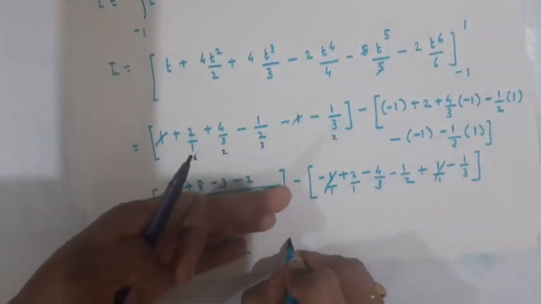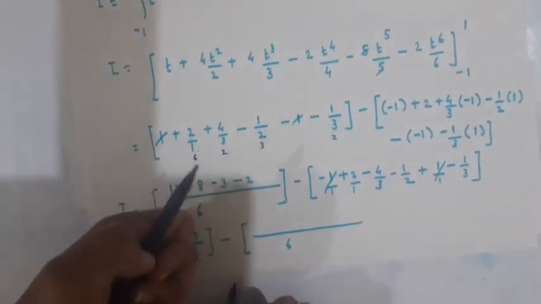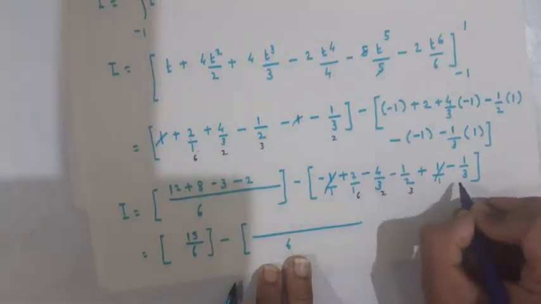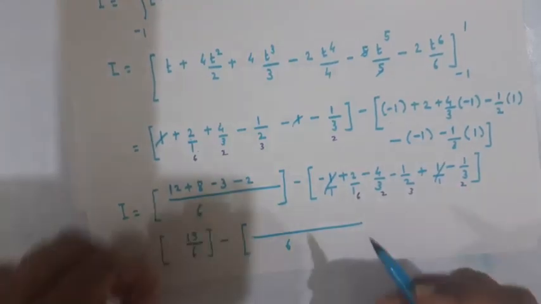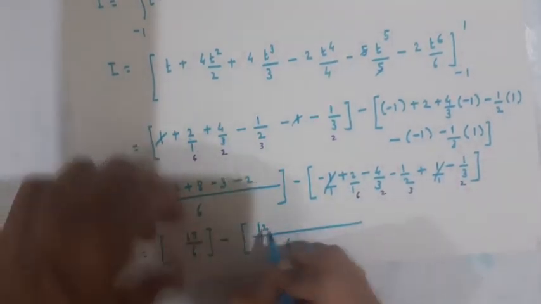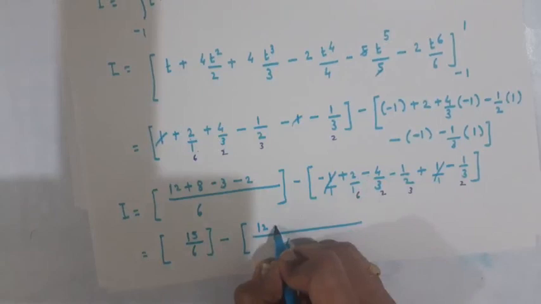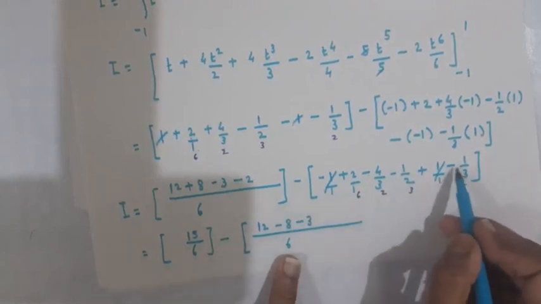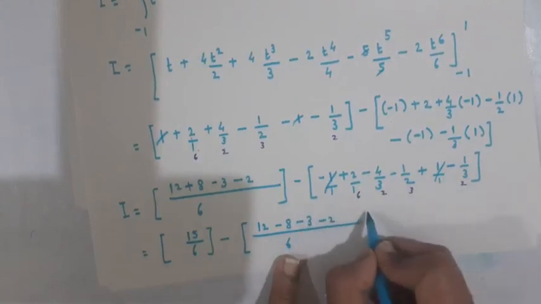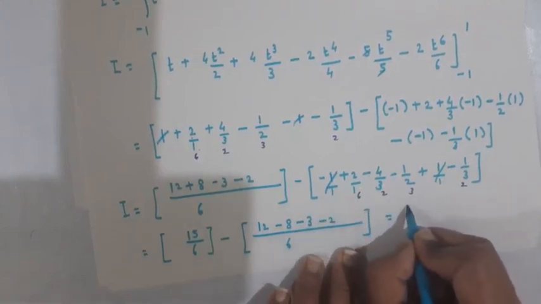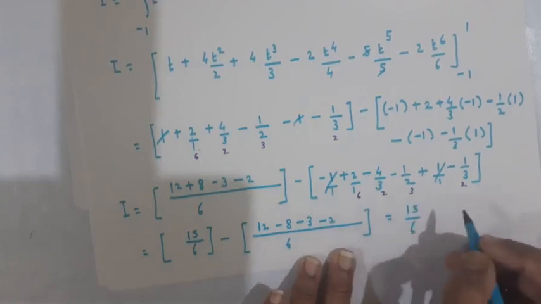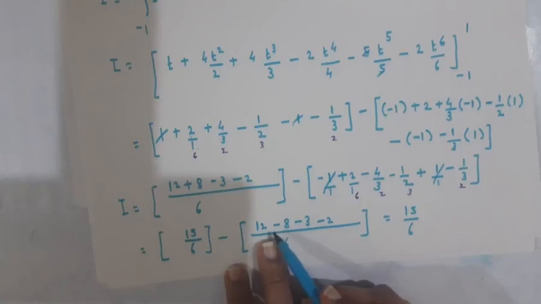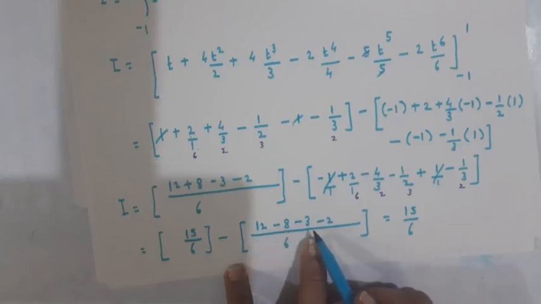LCM is 6. Okay, LCM is 6, multiply here with 6, here with 2, here with 3, here with 2. Okay, so 6 2s are 12. Okay, minus 4 2s are 8, minus 3 1s are 3, minus 2, and the calculations here, that is 15 by 6, 12 minus 8, that is 4, 4 minus 3 is 1.